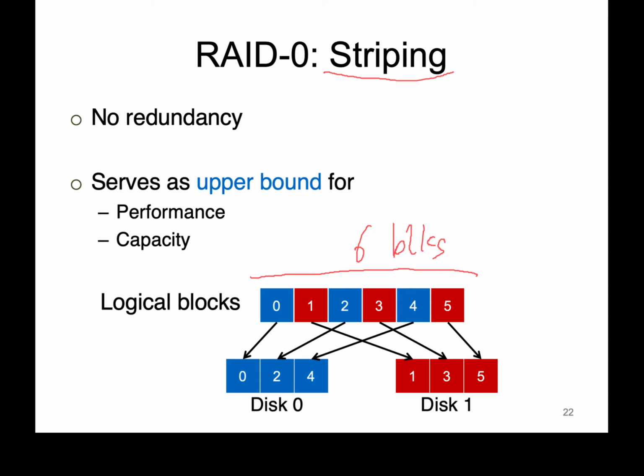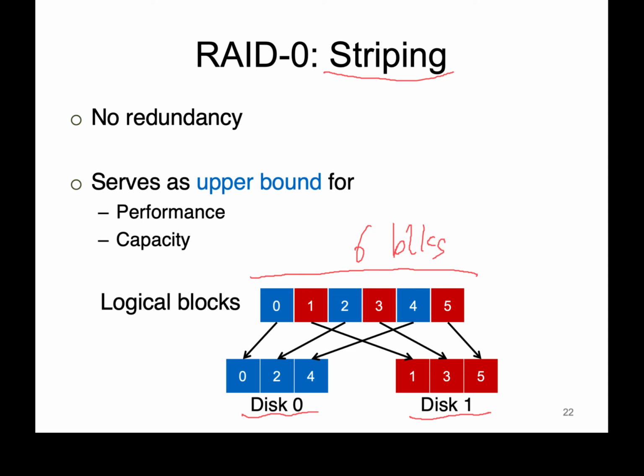If we want to use striping, a relatively straightforward strategy is to map half of it into disk 0 and the second half of it into disk 1, basically rotating. Block 0 gets mapped to the first disk, which is disk 0, and block 1 gets mapped to the second disk, which is disk 1, right? And you basically rotate the order.